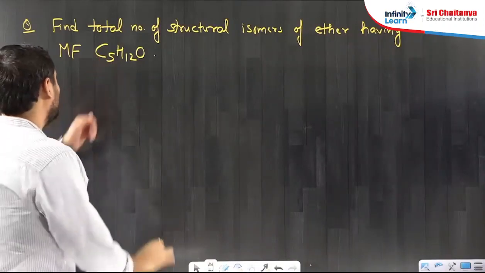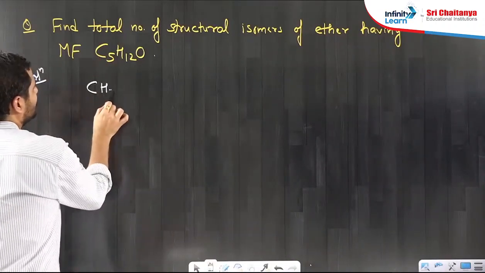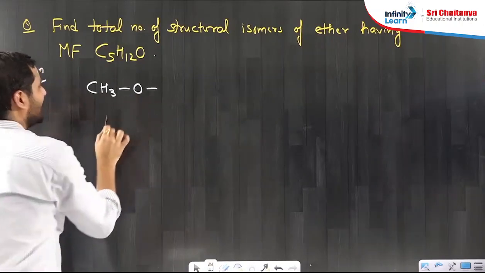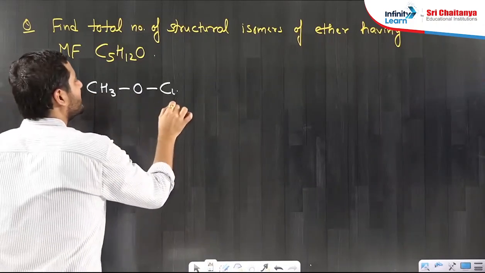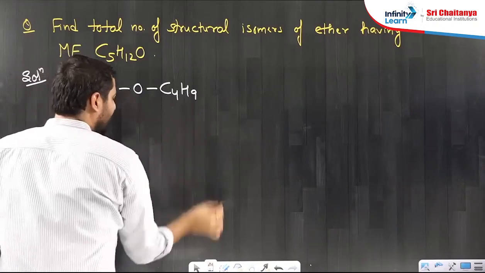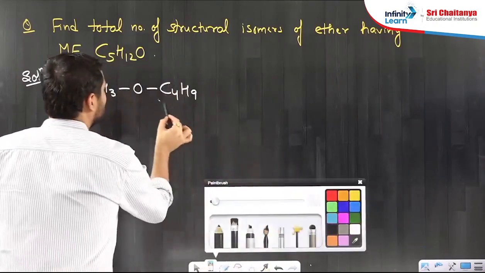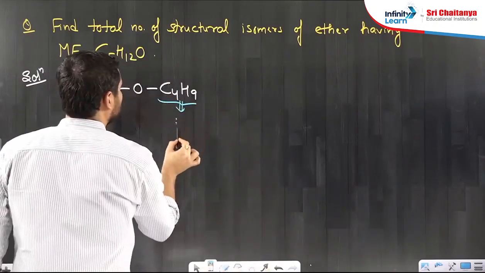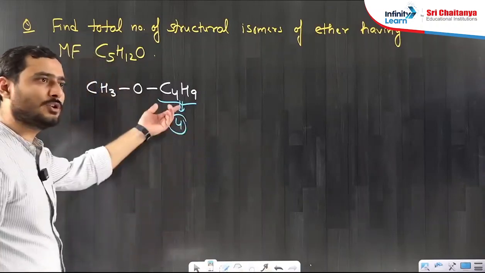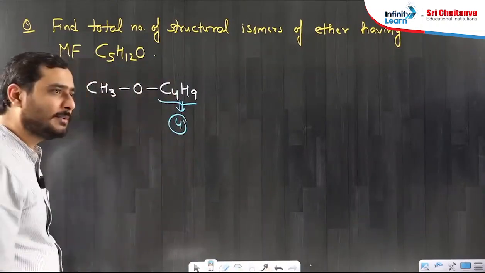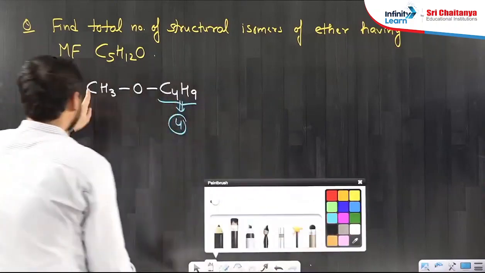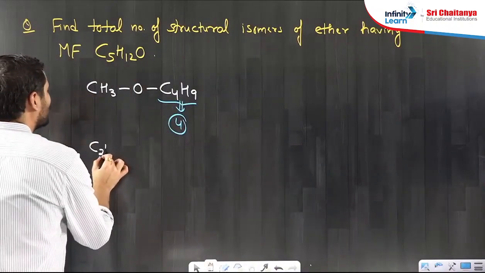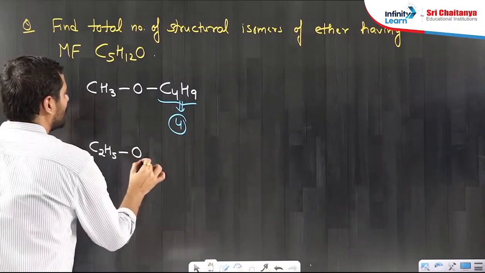So let us start from the first group CH3. Now 1 carbon we have taken, how many are left? 4. C4H9. And for C4H9, how many isomers are possible? 4 are possible for C4H9. So 4 are already here. Now next case. In case of CH3, what we can take? C2H5. Oxygen.